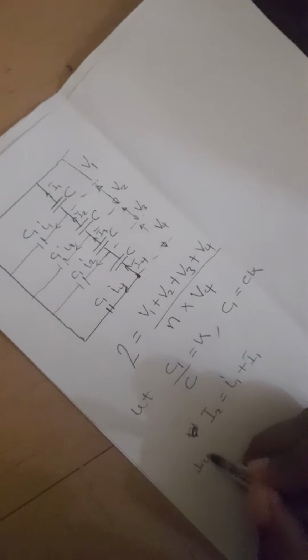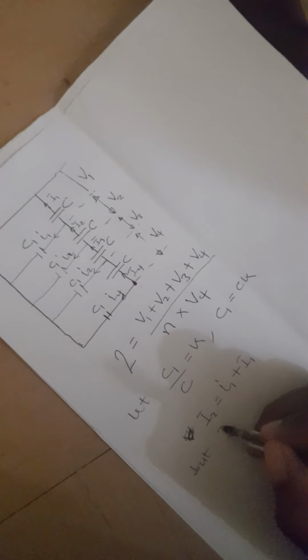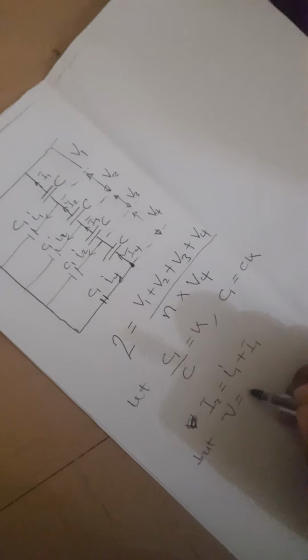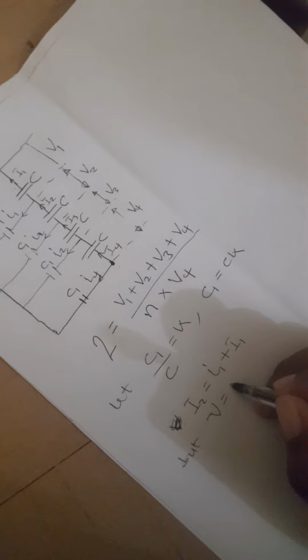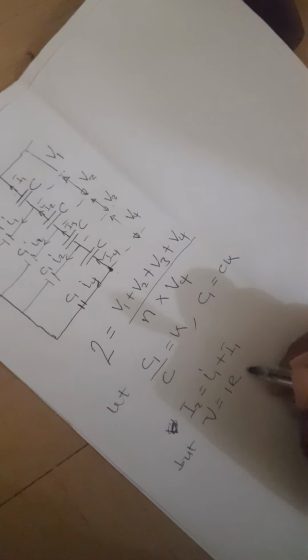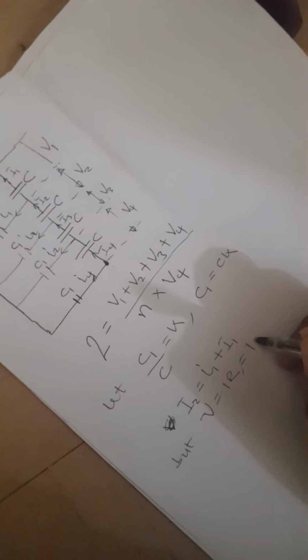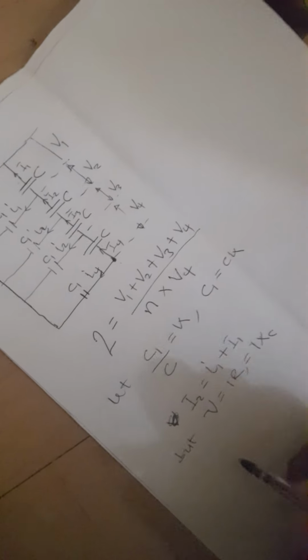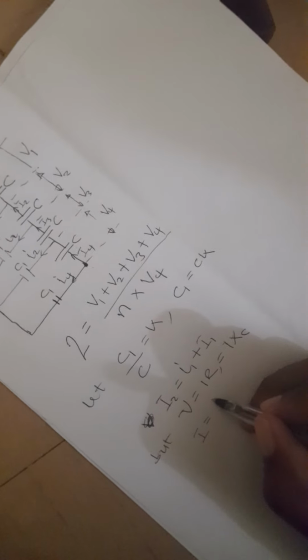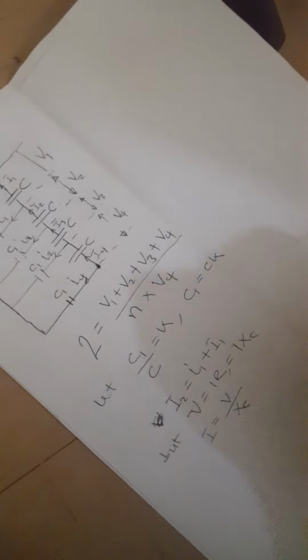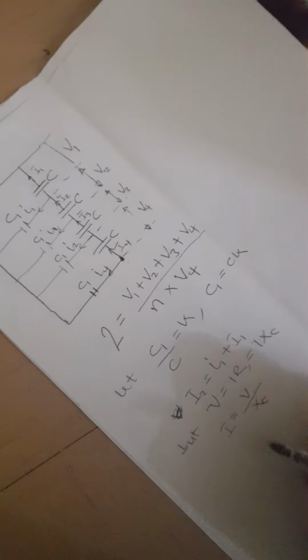We also know that voltage is equal to IR; in our scenario it will be IXC, which means current will be equal to V over XC.